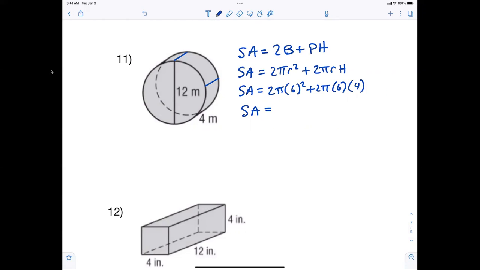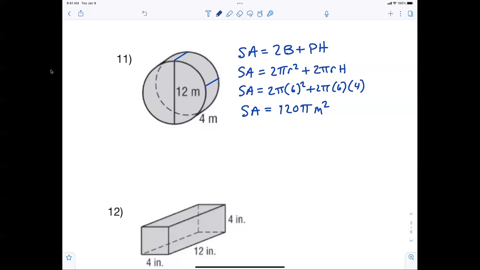I did not get that. What did you get? 120 pi. Anybody else get that? Yeah. All right, like I said, guys, be real careful. 72 and 48, right?